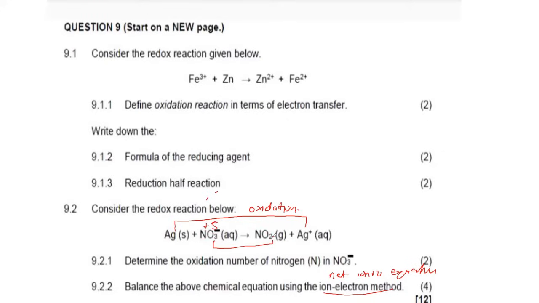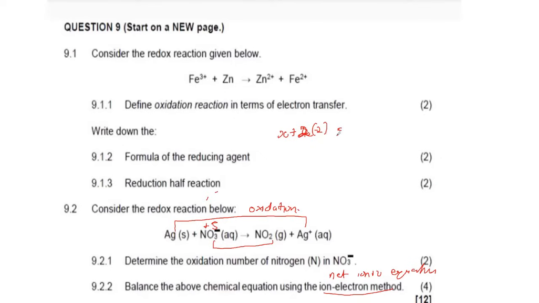Now, if we were to calculate the oxidation number of nitrogen once again from here, we'd say this is X and then 2 multiplied by -2, because the oxidation number of oxygen is -2 standard, and we have 2 oxygens here.